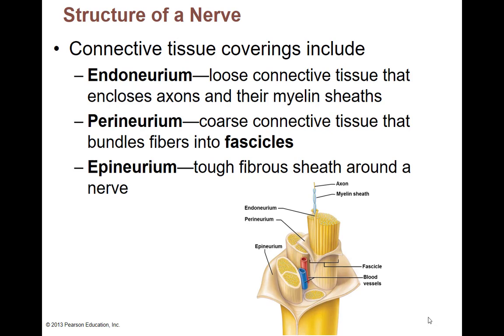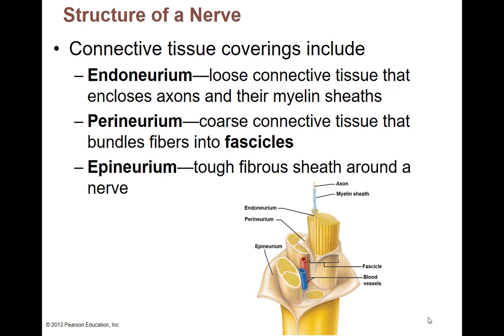Now, this big whole nerve is composed of smaller bundles. Each bundle is called a fascicle. Here's my little fascicle. Each bundle is called a fascicle, and it has its own connective tissue covering called the perineurium. Peri means around, like a perimeter, and so it goes around a fascicle.